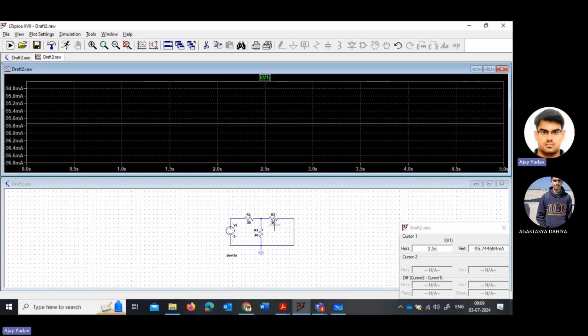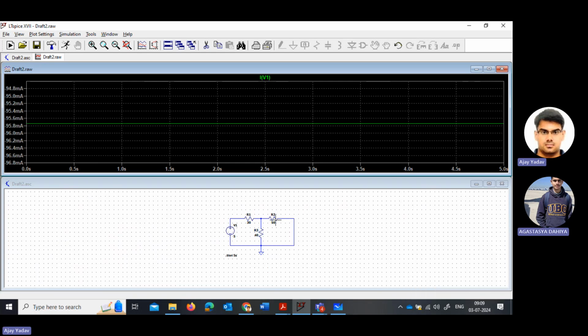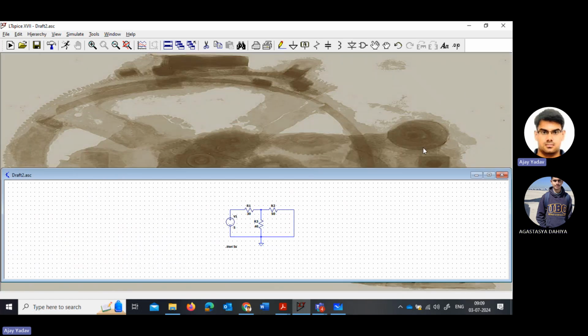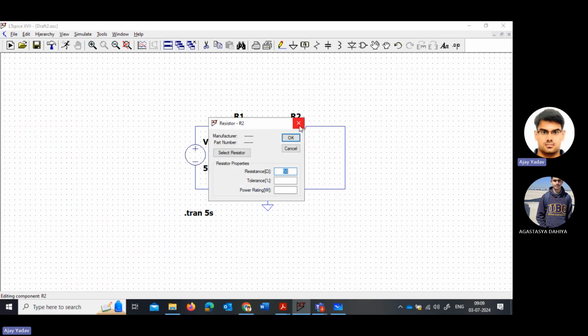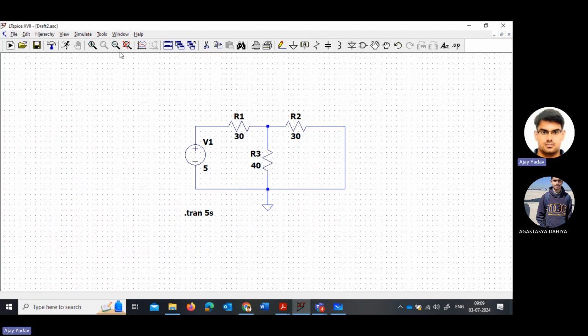Oh, I have taken the value of 50 here. That is the reason. I'm taking 50 in the simulation and in the calculation I was writing 30. So I need to make it 30 also. Then it will come. This was the mistake. This was 30. Okay. Now we will simulate this.